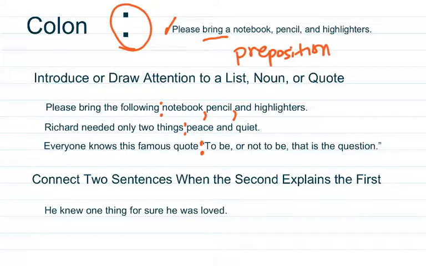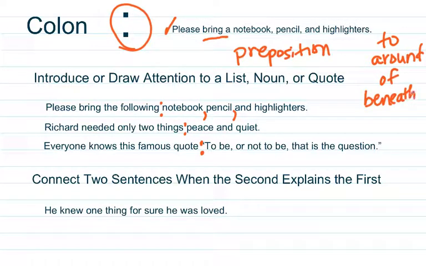Some examples of prepositions include things like to, around, of, beneath. Think about a rabbit and a tree. Anything that the rabbit can do with that tree would be a preposition.